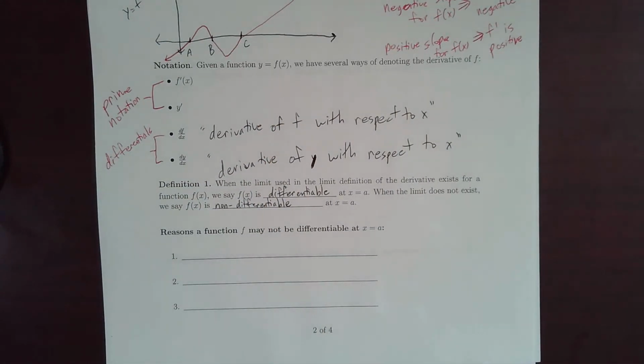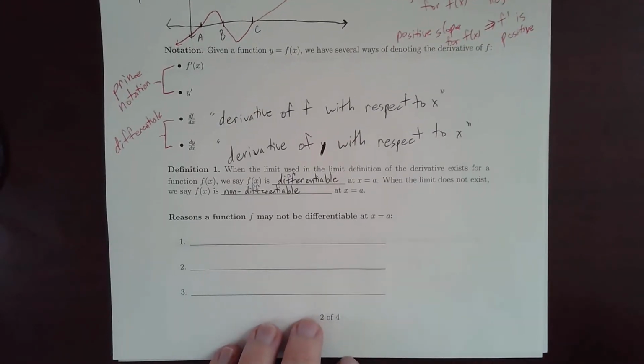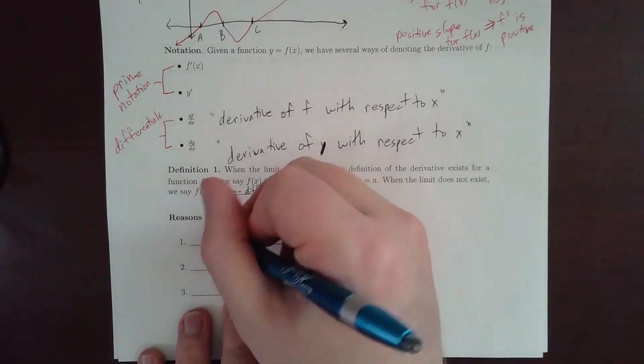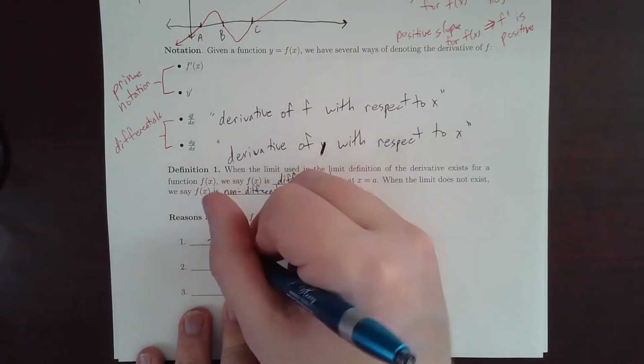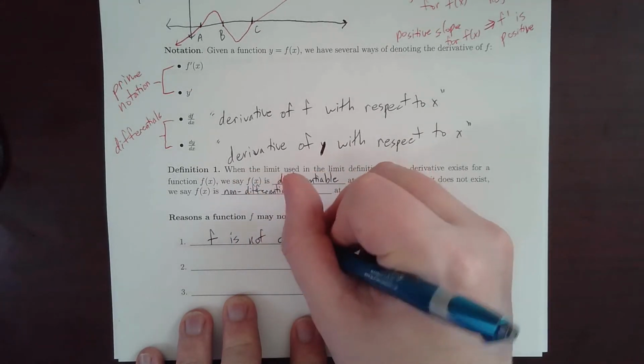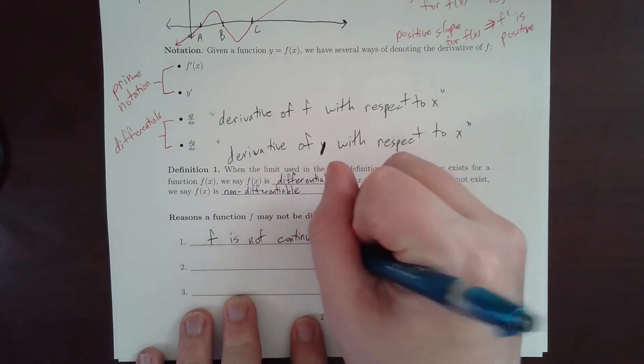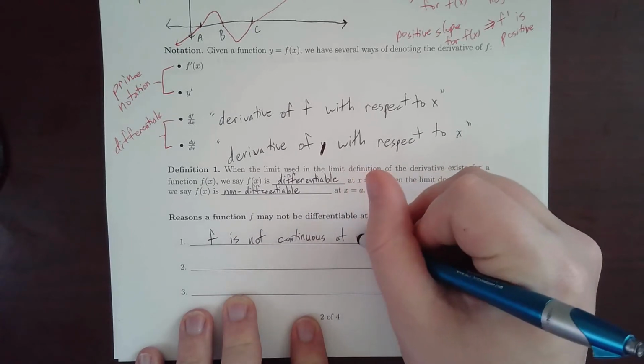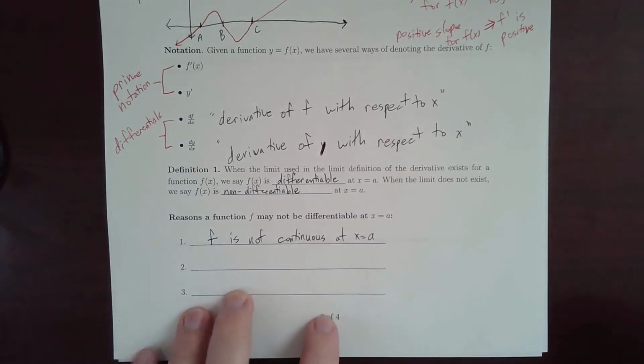So there are a few different reasons why a function might not be differentiable at some a value or some x value. One reason could be f is not continuous at x equals a.